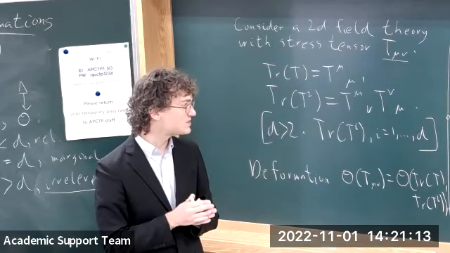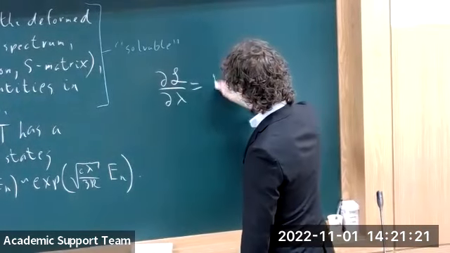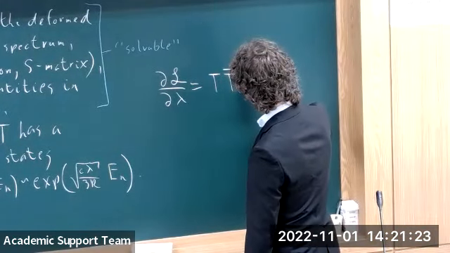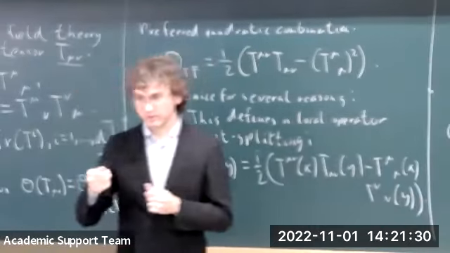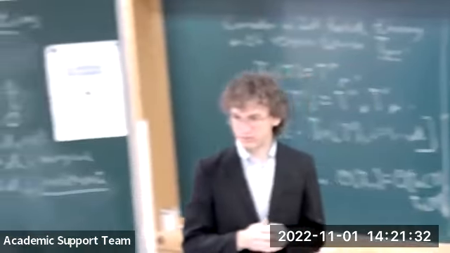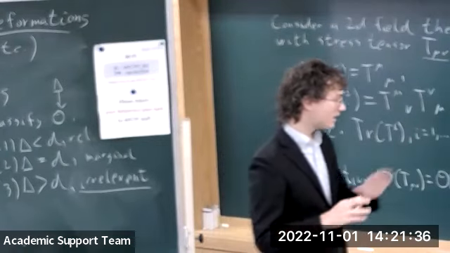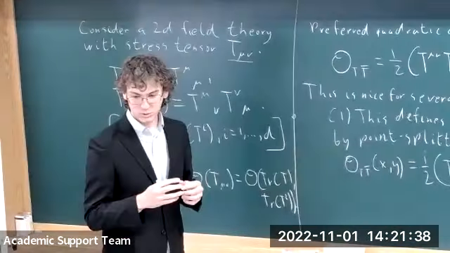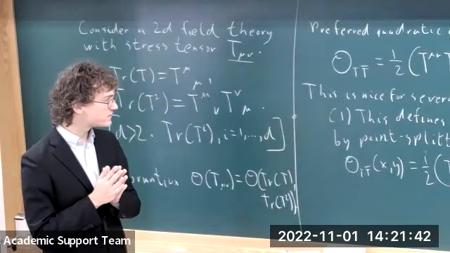So what's nice about this is that if we want to use this to write down, say, some flow equation, which is of the schematic form, say, d Lagrangian d lambda equals TT bar at lambda or something like this, if we're inserting this into an integrated quantity, like the action, which is the integral of the Lagrangian, kind of morally speaking, all of those total derivative ambiguities drop out. So up to total derivatives, we can think of this as being a regular sort of OPE, right? The divergent pieces are all total derivatives.